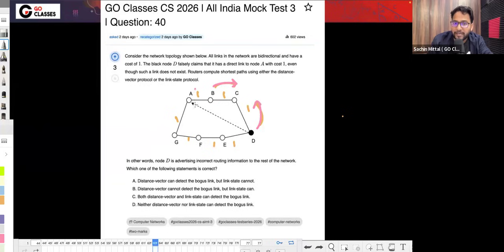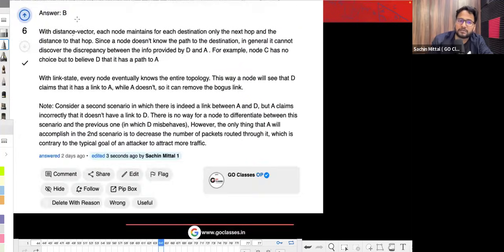Similarly, everyone else will be getting the vectors from everyone else. So there you will get to know that the information is very different from the information from every other node. So in distance vector, sorry, you cannot detect this bogus link, and in link state you can detect. Okay, so that's why B is the correct answer.